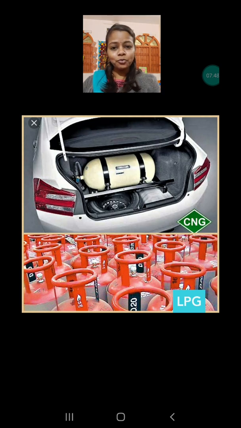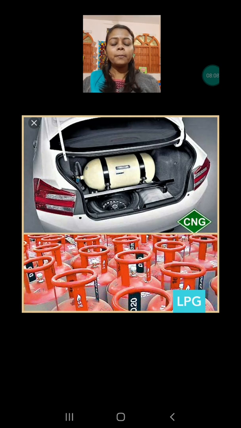So instead of coal and wood, we should use LPG. Okay, and when we are using the vehicles, instead of the petrol or diesel, we have to use CNG. If we are using CNG and LPG, then it will reduce the air pollution to the large extent.